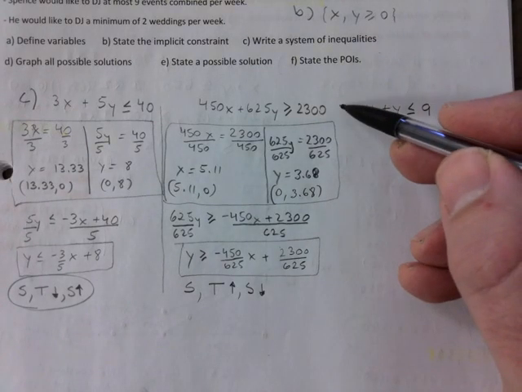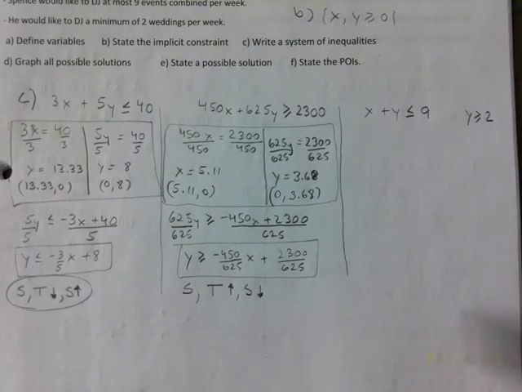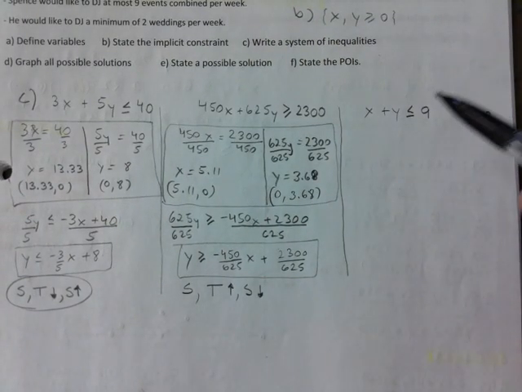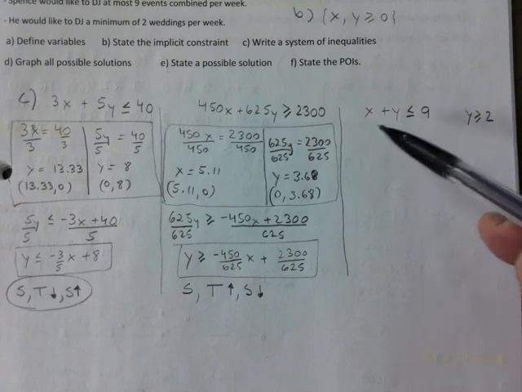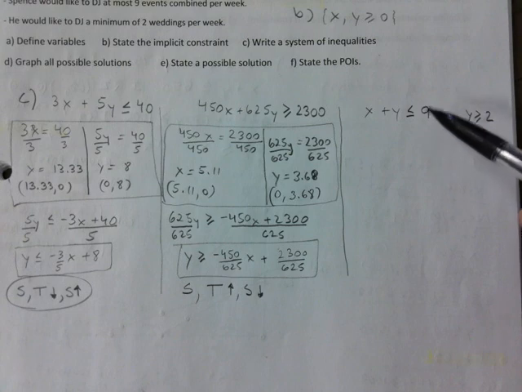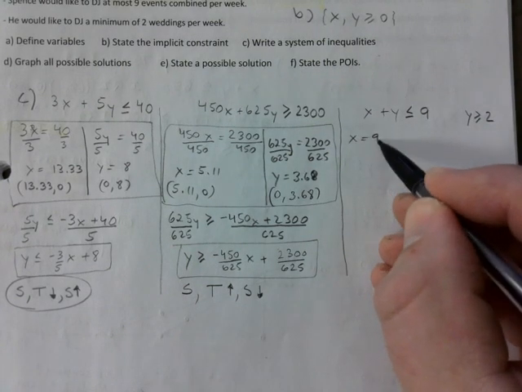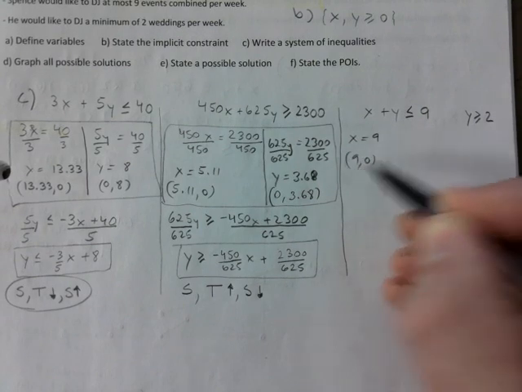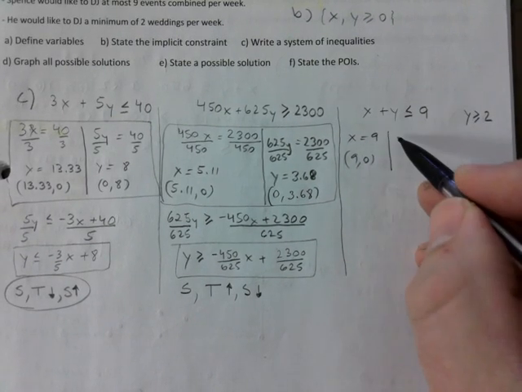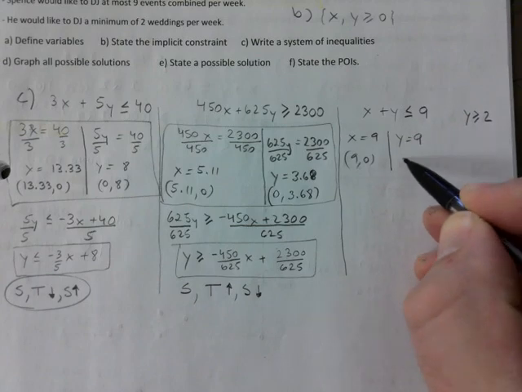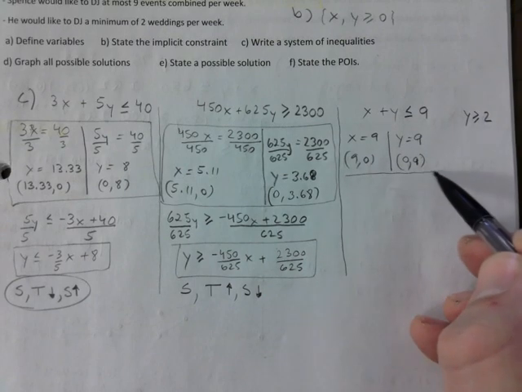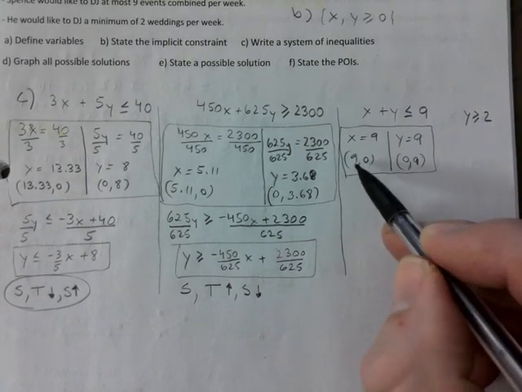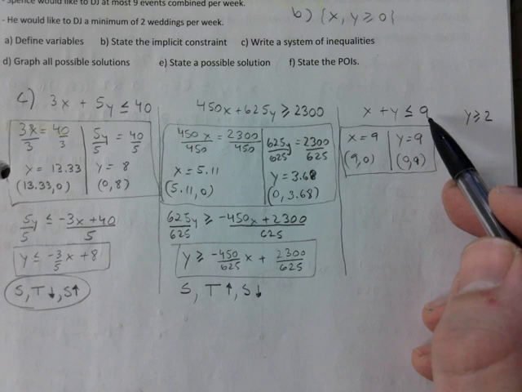And here come the easier ones. Maybe I'll show you once, but the intercepts here will be 9, 0 and 0, 9. Every time it's just x, y, and a number. Look at this number, and those are your intercepts. If x is equal to 9, so that's 9, 0. And on the other hand, if x is equal to 0, then y is equal to 9. So that's 0, 9. I'm okay if you just write down whatever this number is on the right, those are your intercepts.